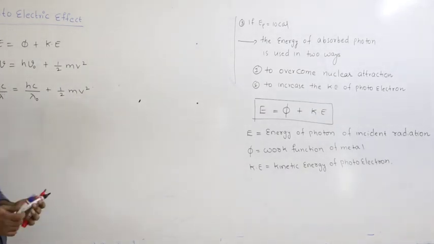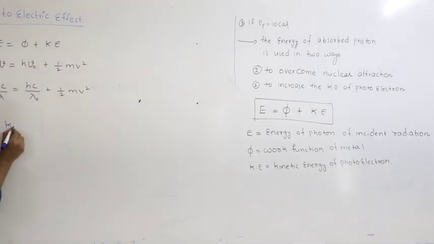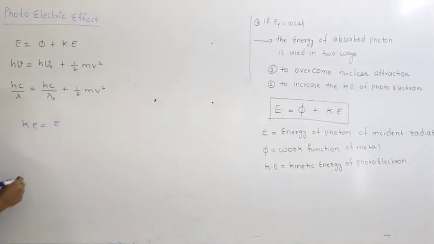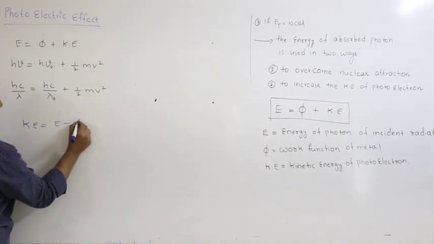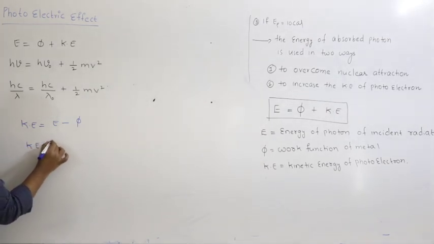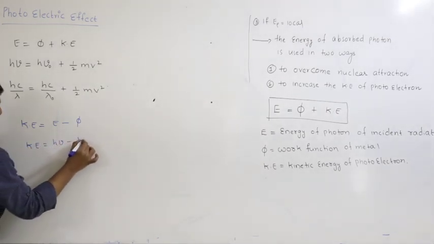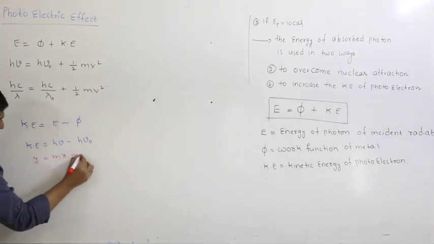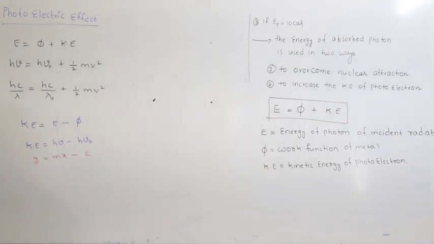So here we can plot a graph. Energy of photon minus work function. So this is of the type equation y equals mx minus c.